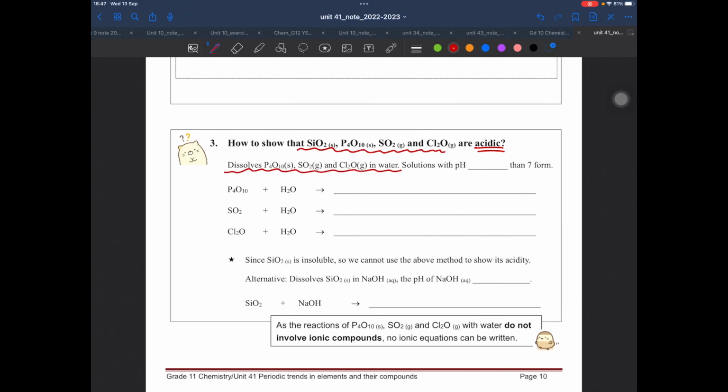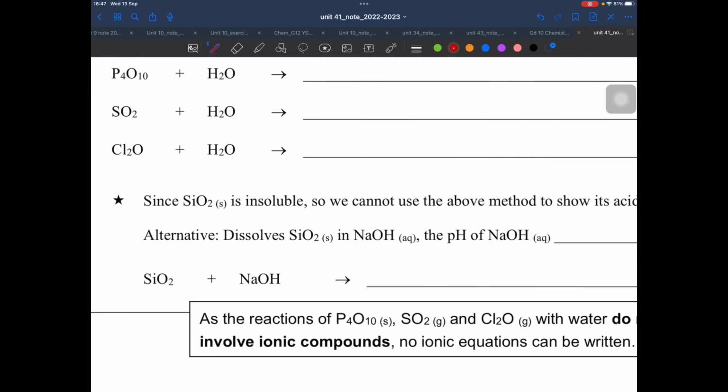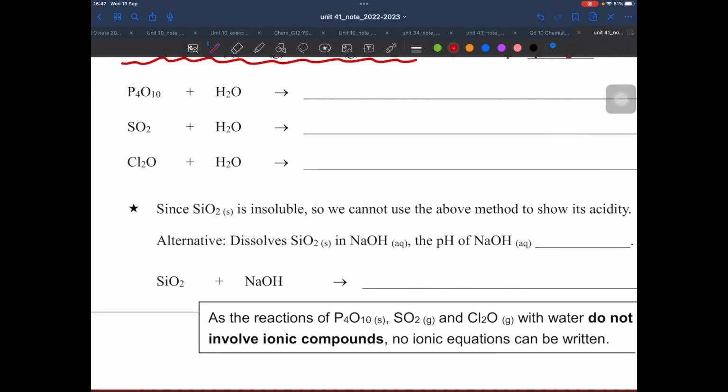And if the solution has a pH less than 7, then it's an acid, right? Now, here shows you 2 typical examples. The SO2, so if you studied the chapter about acid rain, you get the idea, this is H2SO3.